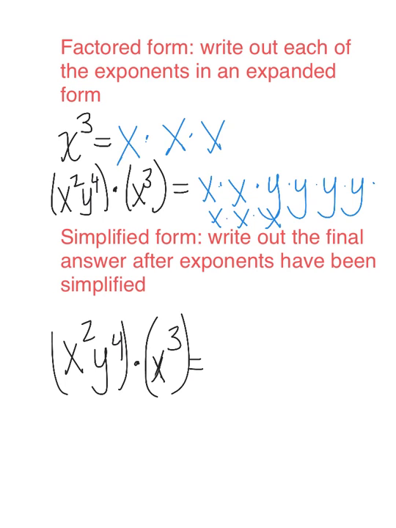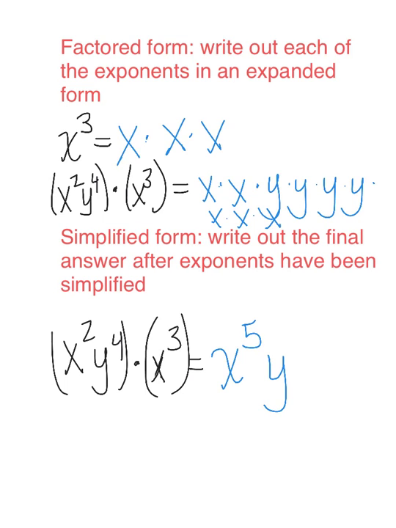If I were to write the simplified form of that, I would write out what I have left. After I've written out my expanded form, I have 1, 2, 3, 4, 5 x's. So I'm going to write that as x to the 5th. Again, x is my base, and I'm multiplying it by itself 5 times. Then let's look at our y's. I know y is the base.